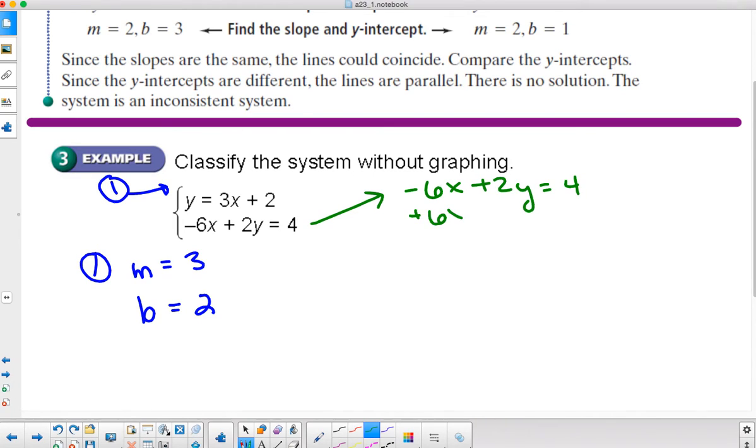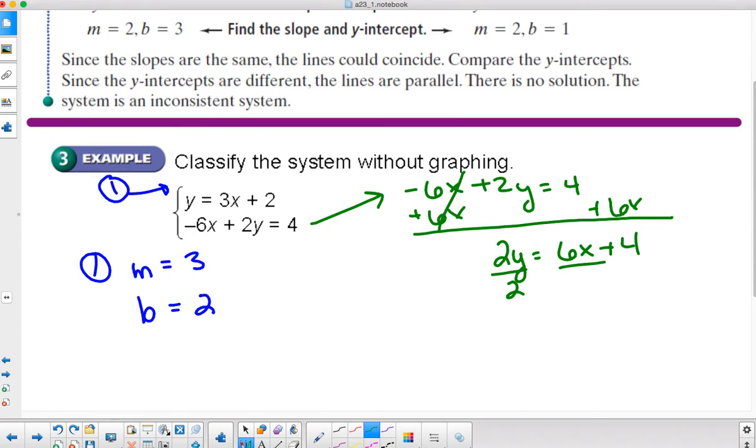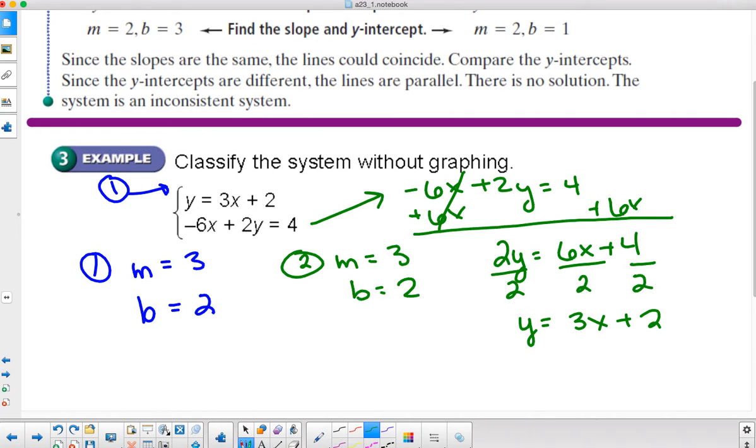We want to add 6x to both sides. And we have 2y equals 6x plus 4. Divide everything by 2. And we have y equals 3x plus 2. Now, second equation: the slope is 3. The y-intercept is 2.